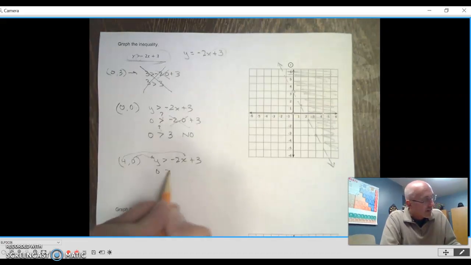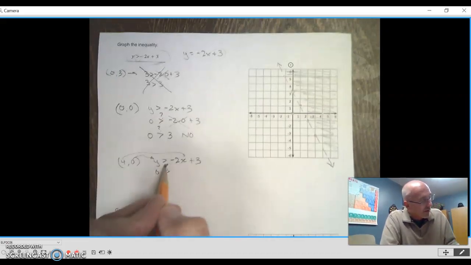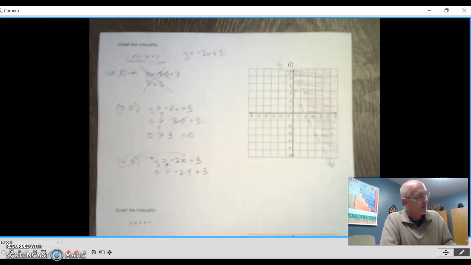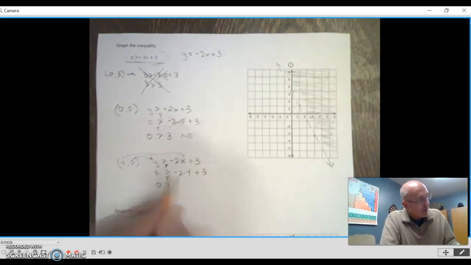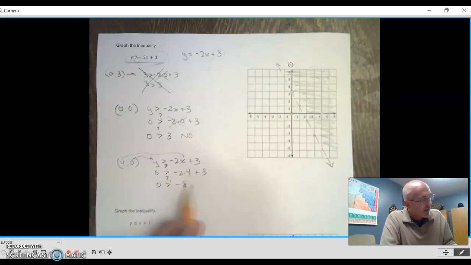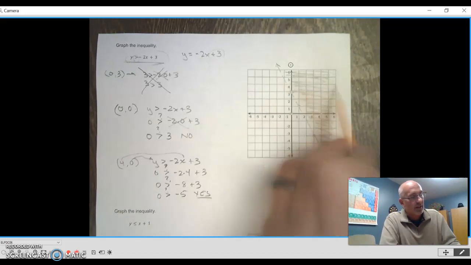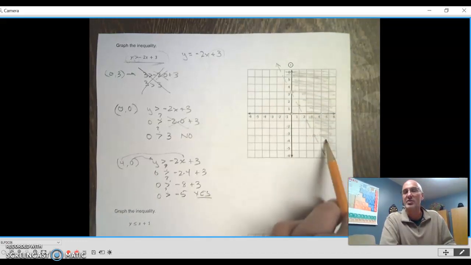So I'm going to say, is 0 greater than, there's my little question mark, negative 2 times 4 plus 3. So negative 2 times 4 is negative 8 plus 3, and now we have to add our integers. Is 0 greater than negative 5? Yes. So therefore, that means everything over here is a solution.